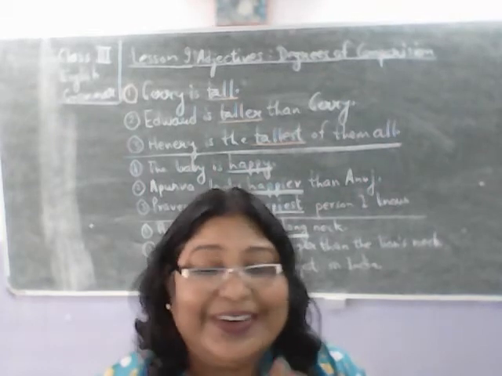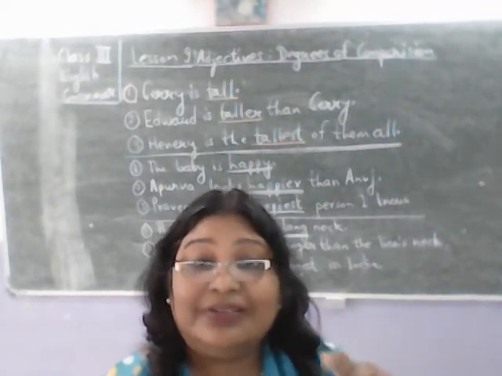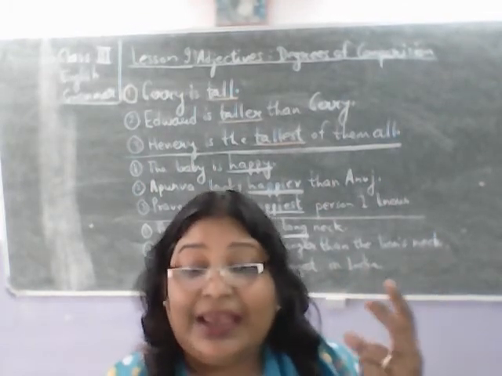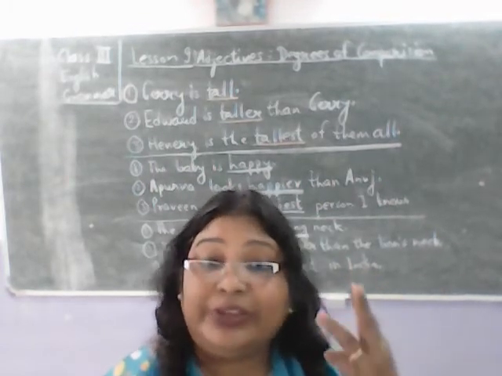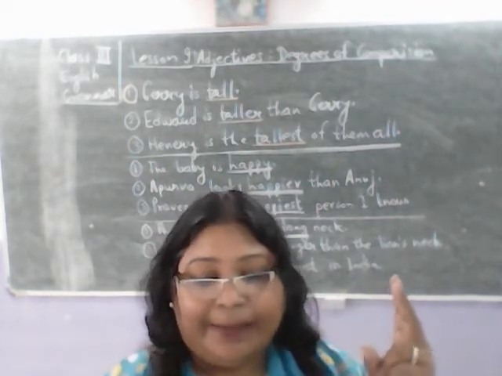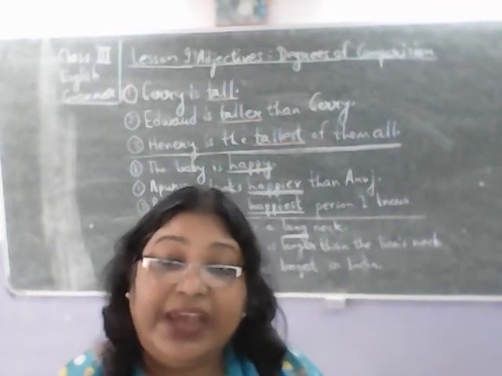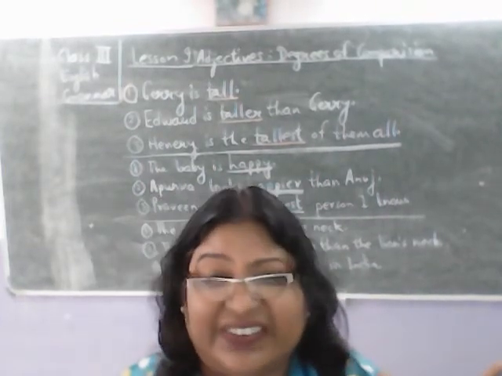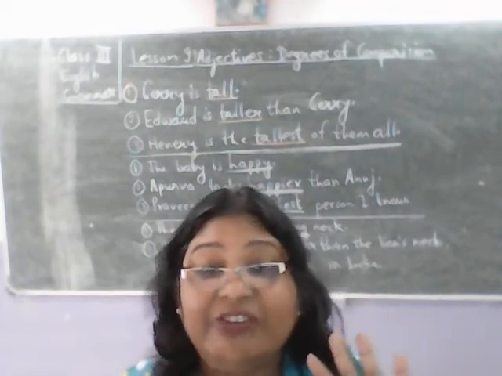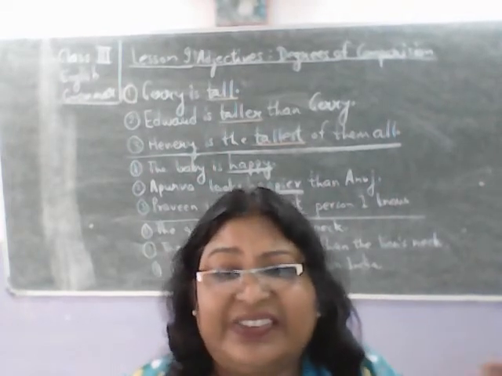No, no, no. It is wrong. So we have to learn: good, when you are comparing two, better, and when you are comparing more than two, best. Good, better, best. In the same way, bad. Worse when comparing two. Worse when comparing two, and when comparing three or more than three, worst.